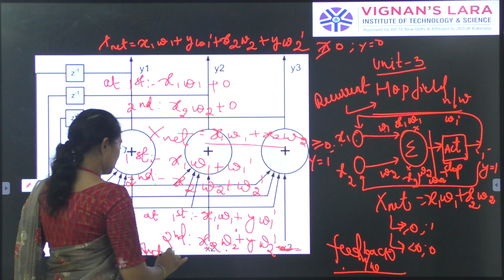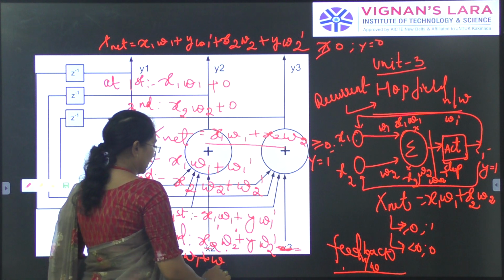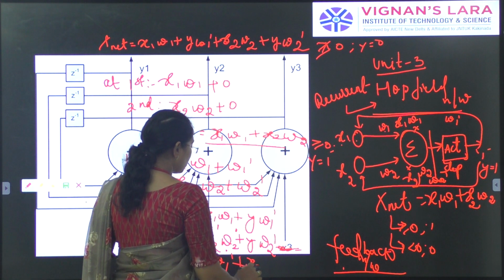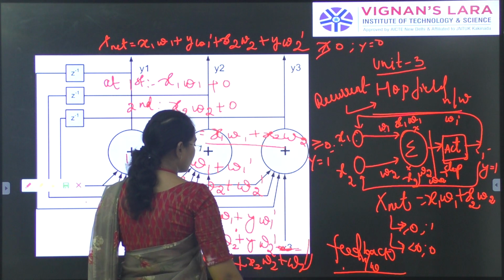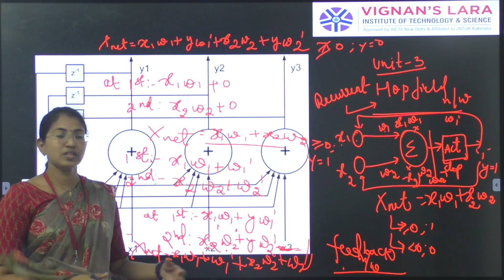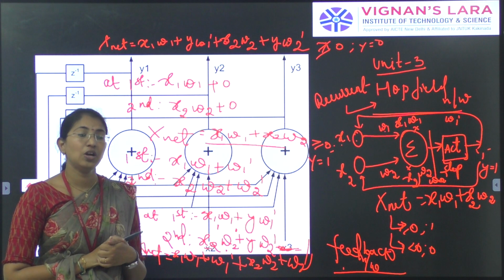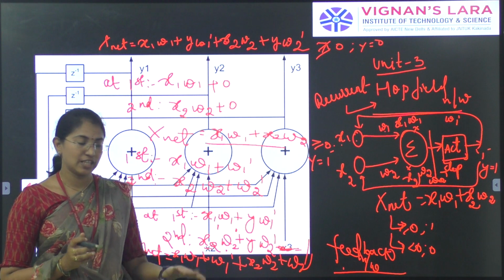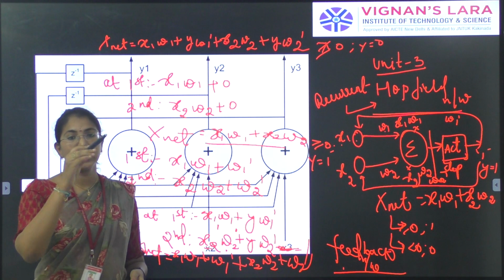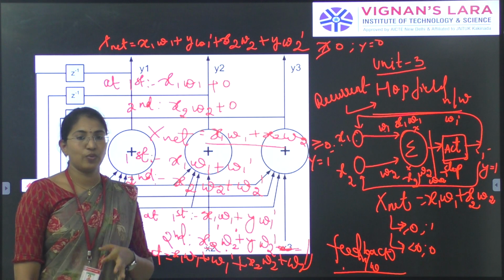This is x net: x1 w1 plus w1 dash plus x2 w2 plus w2 dash. This is the output of summation. Now again it is compared with the activation. If the condition is satisfied, you will get output as 1. If not, you will get output as 0. Based upon that, again it is fed as one of the inputs to both the inputs with some weights.